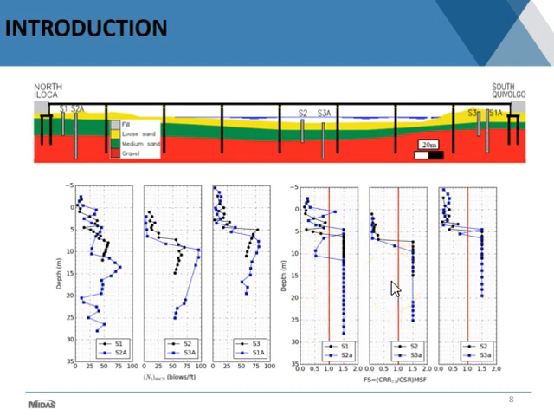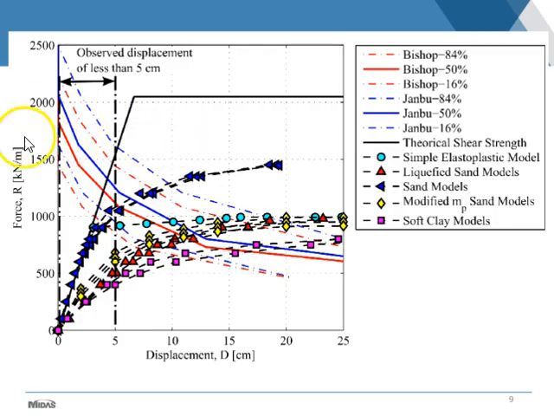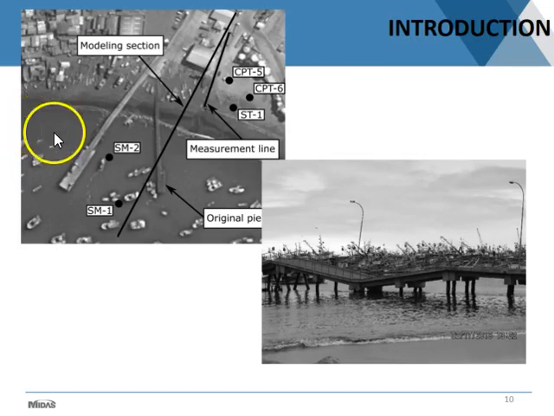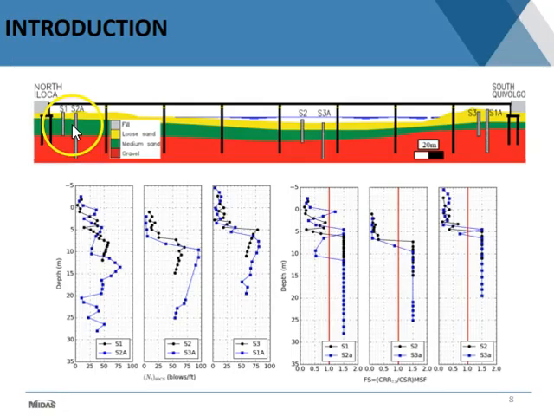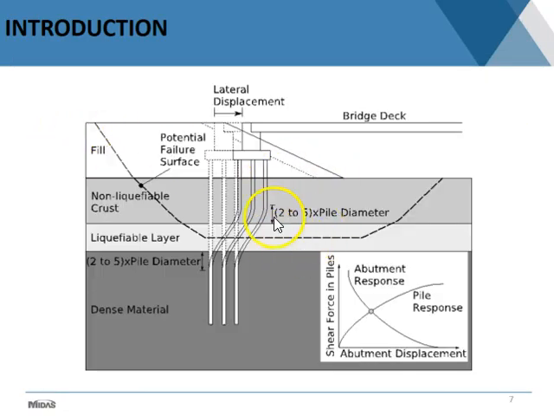This is very important because we're also looking at some other situations that are a bit more complicated than this, where you have layers of liquefiable, then non-liquefiable, then again liquefiable, and so on, and that makes procedures like the ones that I showed you here a bit more complicated.